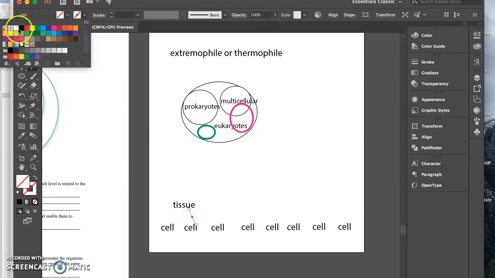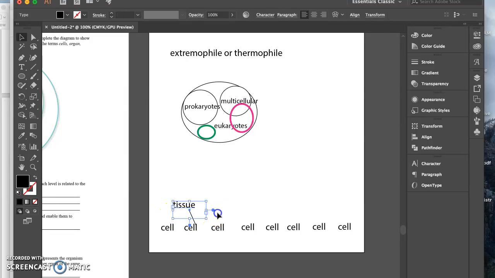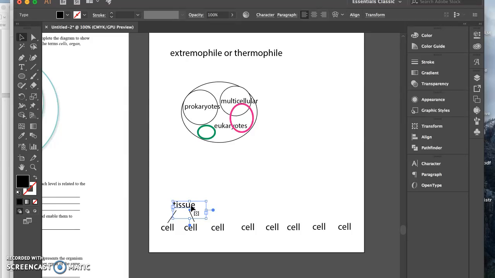This is not quite as quick as drawing on a tablet, but you get the idea. So when cells come together, they form tissues.